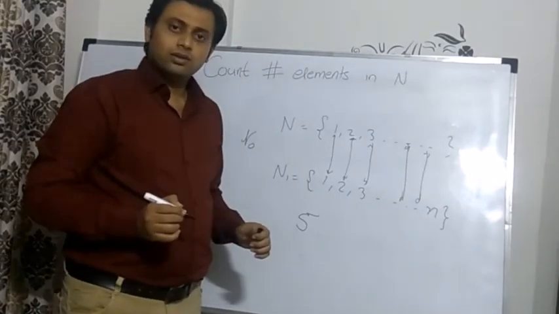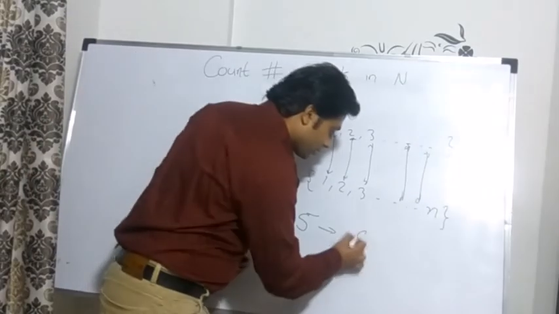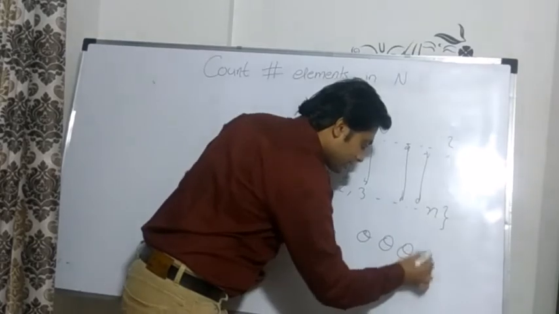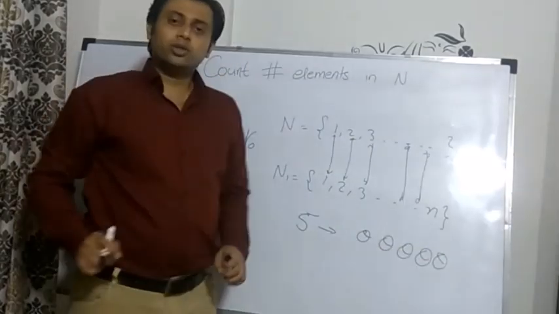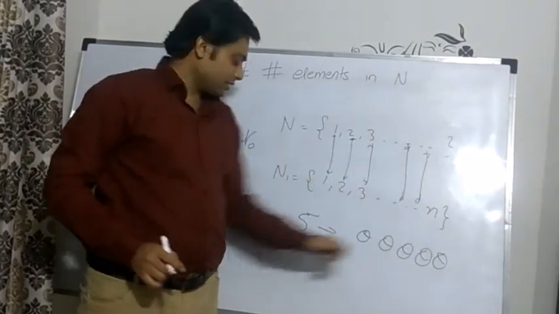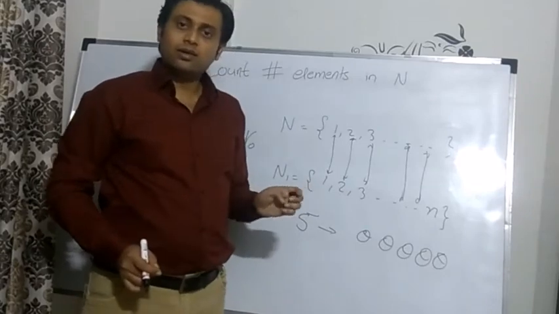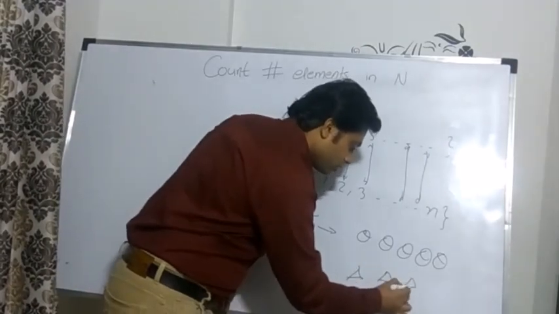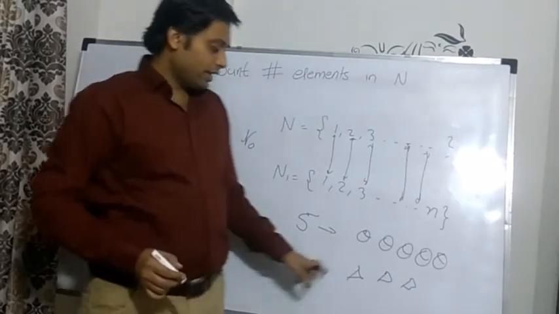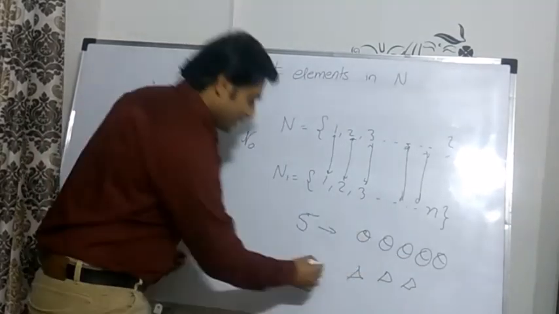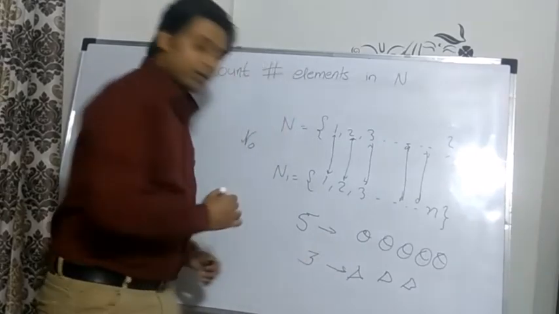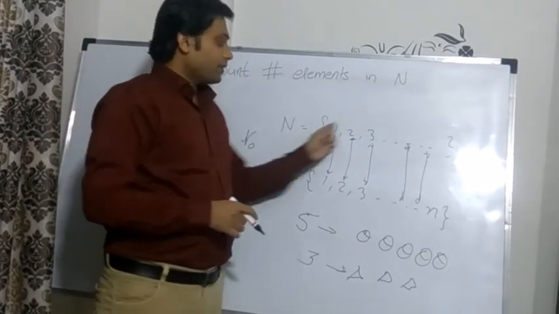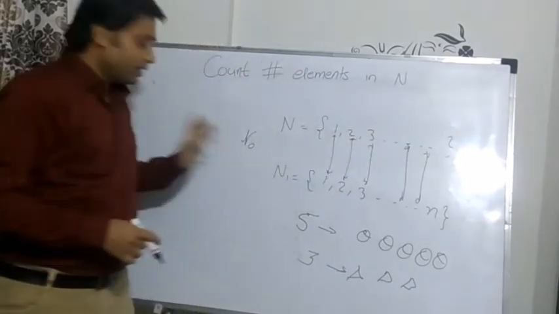So 5 is a symbol given to some quantity. So this is some quantity, and to represent the number of elements, this is the symbol. Again, what is 3? I have a few elements, and to represent that quantity, this is the symbol given. Similarly, to represent this quantity, this is the symbol given by Cantor.